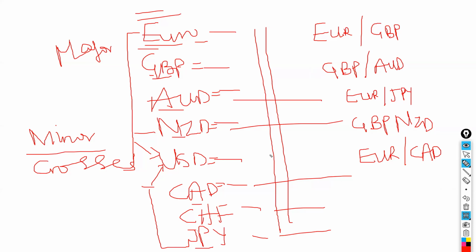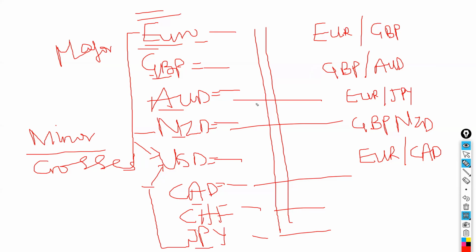We have some other currency pairs that appear against the American dollar, but which are not minor currency pairs. For example, you can pair the Swedish currency against the American dollar, or maybe the Mexican currency against the American dollar. That doesn't make it a minor currency pair.